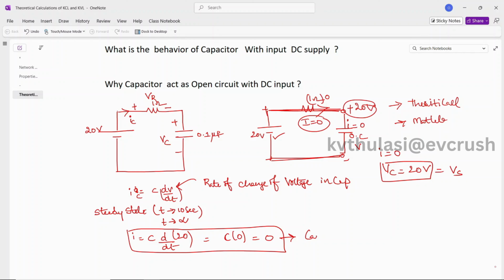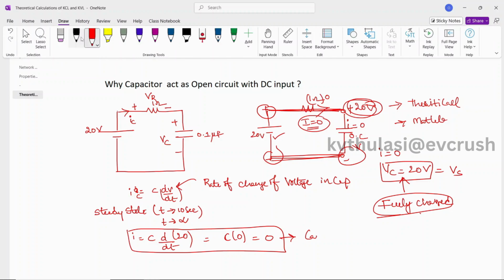This is how the capacitor becomes fully charged. The capacitor is fully charged by taking all the voltage from the source, equal to 20 volts. You can see here this is 20 and this is also 20, so there is no chance of current flow. Therefore the current becomes 0, and the current will not flow.